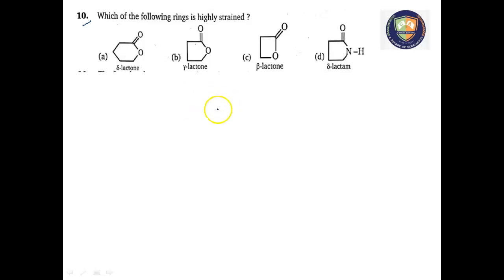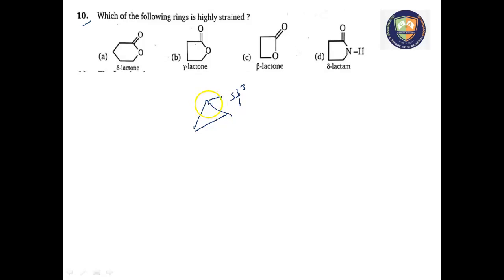Let us take an example just to make you understand. Like we are having this 3-member ring, in which 3 carbon-carbon bonds are present. If I talk about the hybridization of this carbon, the hybridization will be sp3.